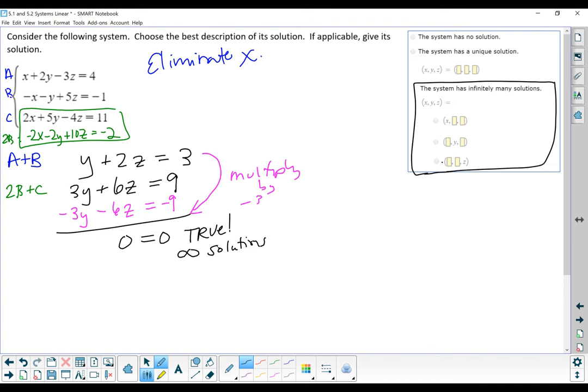So what I usually look for is an equation that is easy to solve for one of the variables. I'm not looking at these original equations. I'm just looking at these 2 equations right here. And I want to think about which one is easiest to solve.